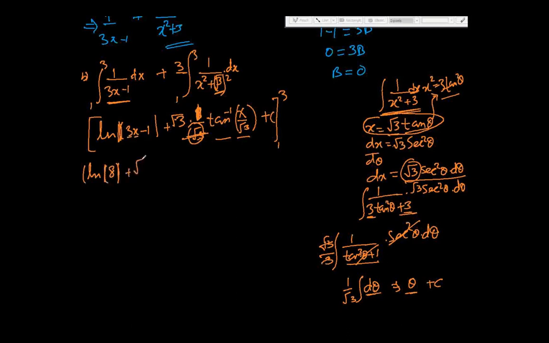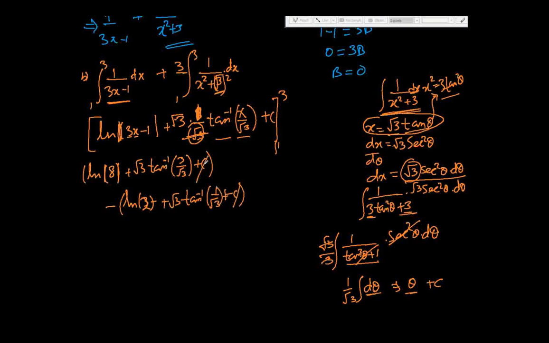Plus square root 3 tan inverse 3 over square root 3 plus c, minus, we have to substitute 1 now, len 3 times 1 is 3 minus 1, which is 2, plus square root 3 tan inverse 1 over square root 3 plus c.